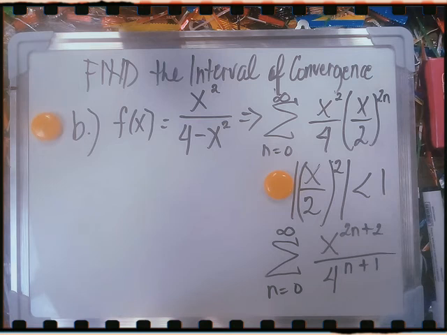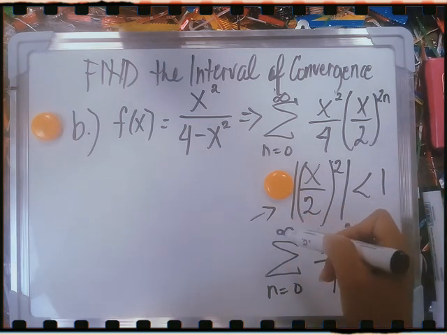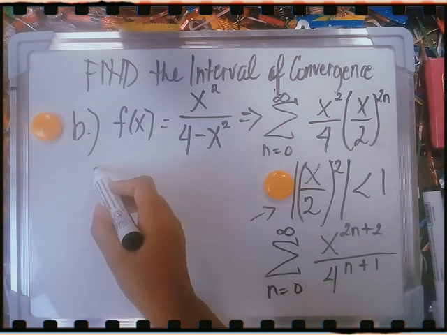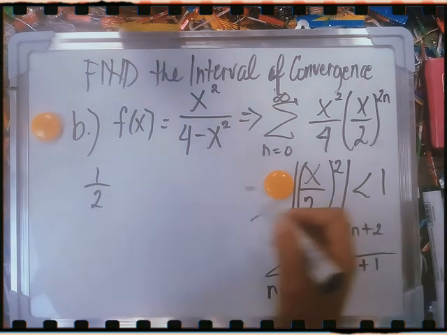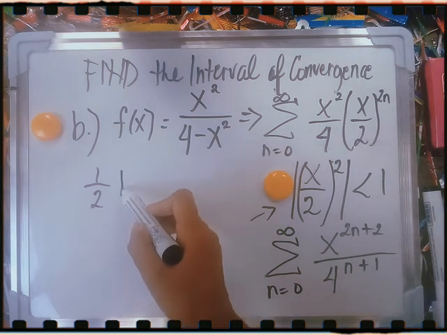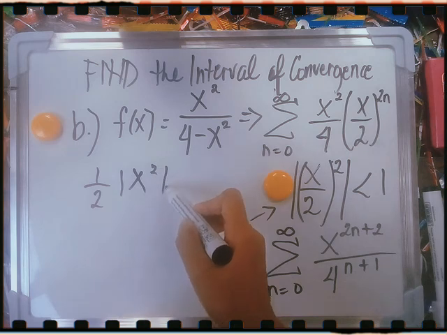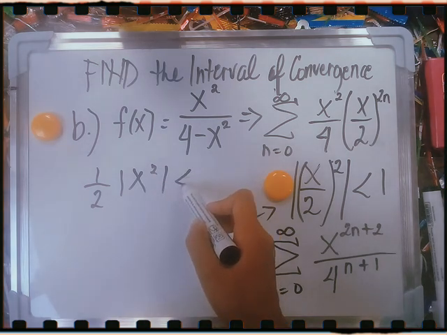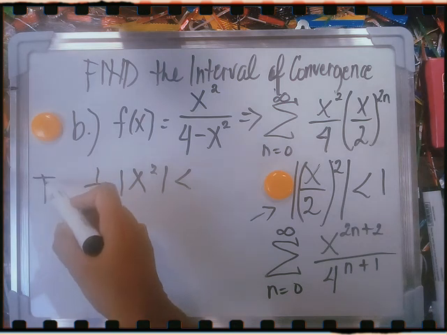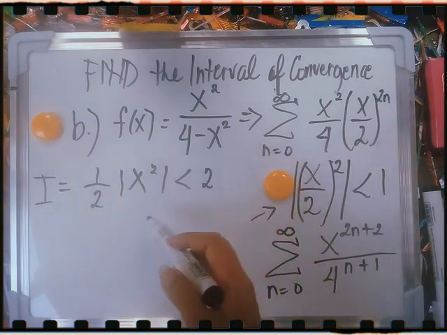So, solving this inequality, makukuha natin 1/2 since x over 2, and then the absolute value of x squared is less than, yung pagkuha natin ng interval of convergence kanina, is less than 2.